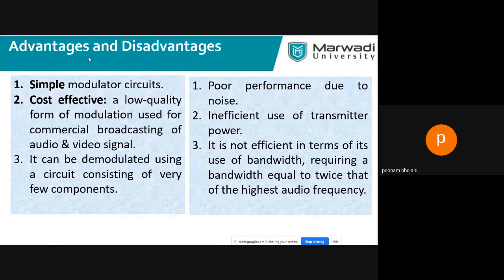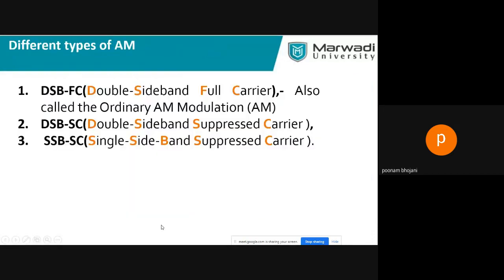So we are not using the bandwidth efficiently either. So these are the three disadvantages and these are the three advantages. No one is going to ask you, don't worry about it. I have just mentioned it in the PPT because it is mentioned in the book also.